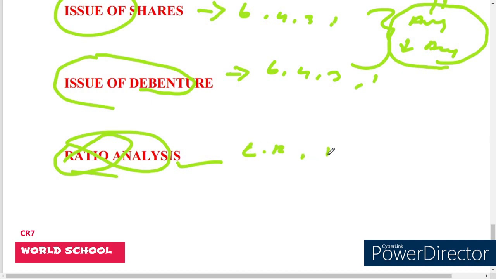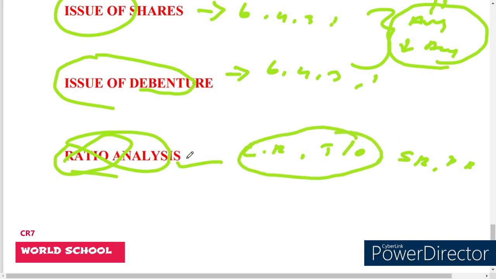Otherwise, turnover ratio may be asked. Solvency, somewhat chances are there, and even profitability also. Only 4 types of ratio, but you be clear in all the ratios, solvency ratios and profitability ratio even. But my expectation, question may fall in these 2 categories. Sometimes here also.